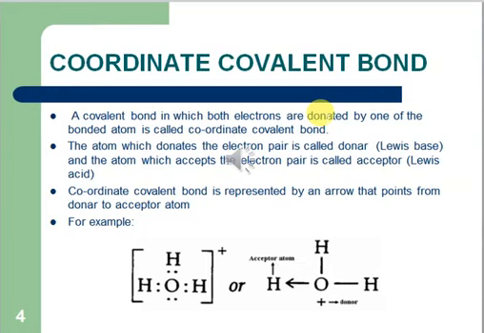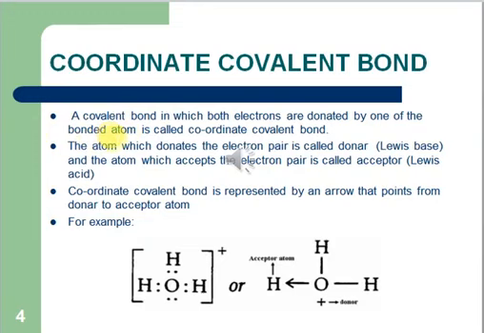They are not shared mutually, but once they are donated by one atom, they are shared. This is sharing, but not mutual sharing, because an atom donates two electrons, and these two electrons are then shared between the atoms. So a coordinate covalent bond is a special form of a covalent bond.